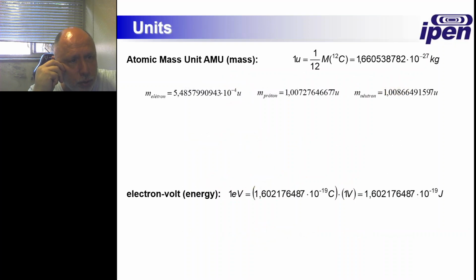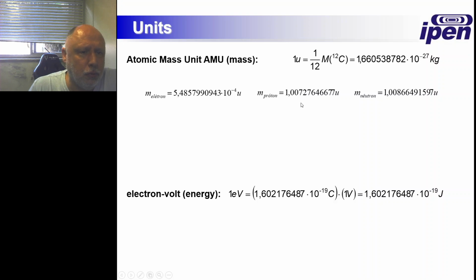And 2 units we need to talk about here. The atomic mass unit, AMU, now called the Dalton, right? It's 1/12 of the mass of carbon-12, right? And in this unit the electron weighs something like 5 times 10 to the minus 4, meaning it's about half a thousandth of the mass of the proton or the neutron.